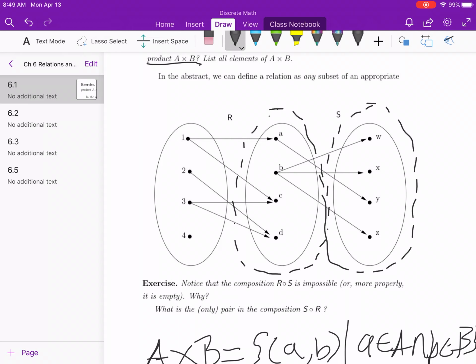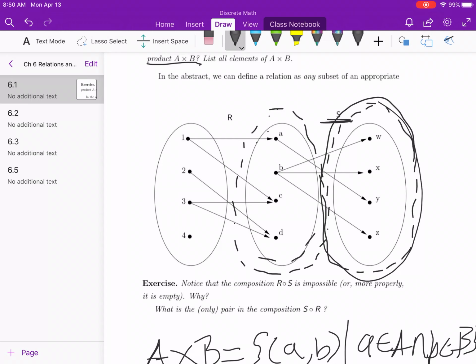So this is my S. Then if I'm going to compose with R, I would have to go from the set that I'm in to this set, because R goes from this 1, 2, 3, 4 set to this A, B, C, D set. But S goes from the A, B, C, D set to the W, X, Y, Z set. So it doesn't make sense.